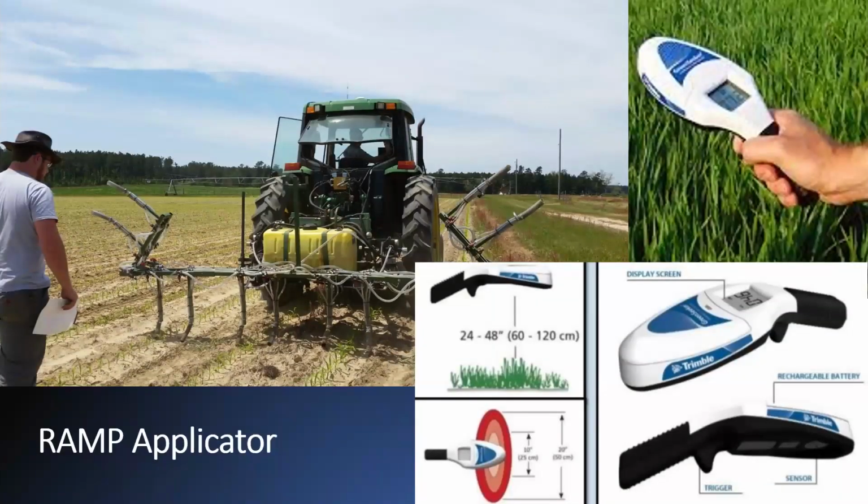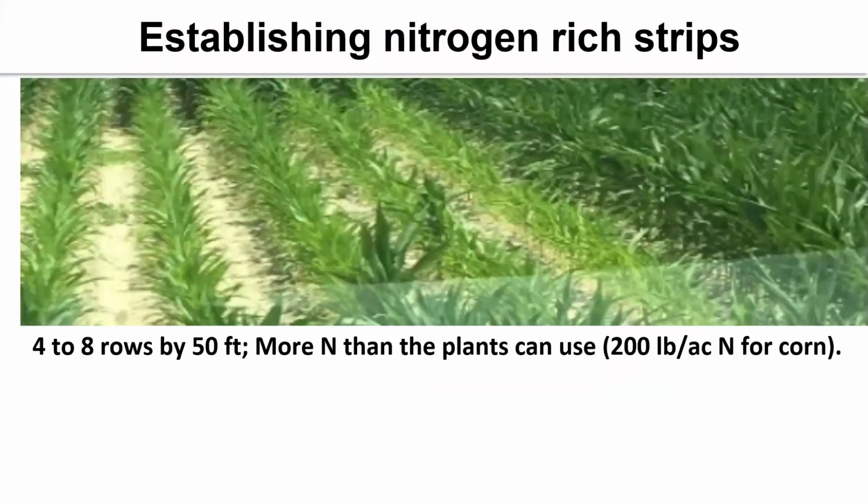So here, this is ramp application. We increase the rate gradually, and later we will look at the performance and how the crop reacts to the nitrogen provided.